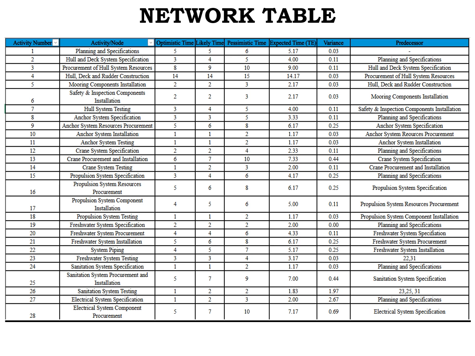So in order to determine which activity precedes what activity, we followed a simple format of moving from specifications to the procurements to the construction/installation of different parts of these systems, and then to the testing of these systems.